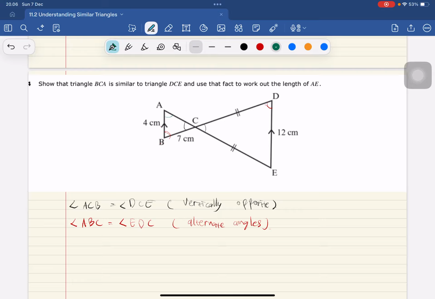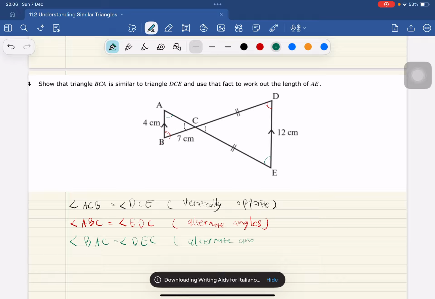Okay, here also BAC with DEC. So the angle BAC equal to angle DEC because they are alternate angles.